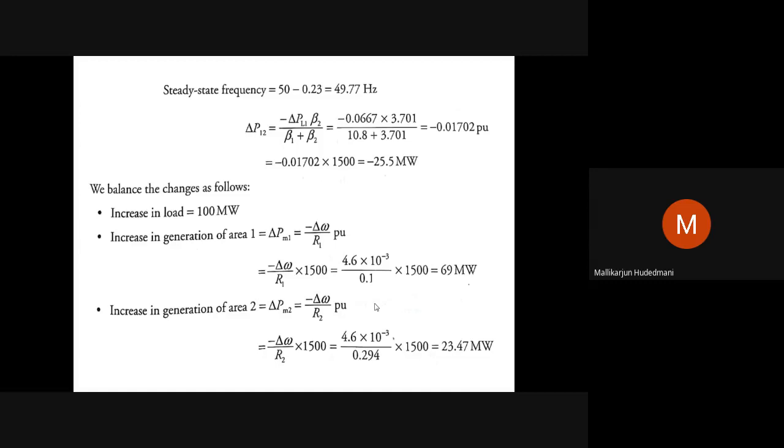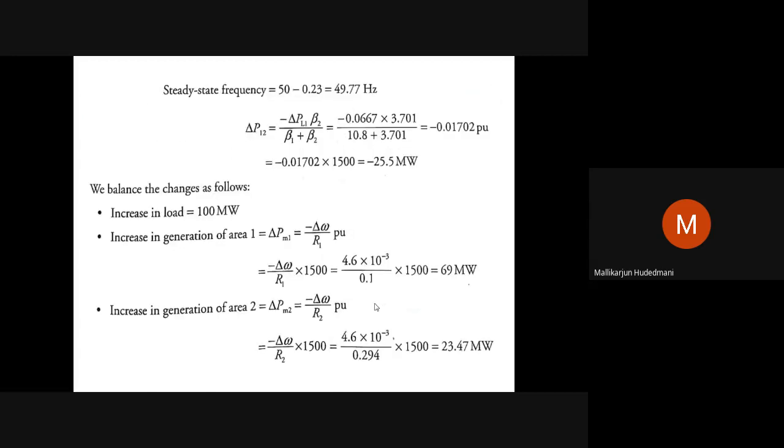What we understand from this is that for the 100 megawatt shift in load, the contribution taken by area 1 alone is 69 megawatt. Then the increase in generation of area 2, the share of area 2, is minus delta omega by R2, which we can write as 4.6 into 10 to the power minus 3 divided by 0.294 into 1500, which stands here as 23.47. So we can see these two together make a noticeable difference. So therefore, this is how the share of load from area 1, area 2 for a shift of 100 megawatt is noticed in the first case.